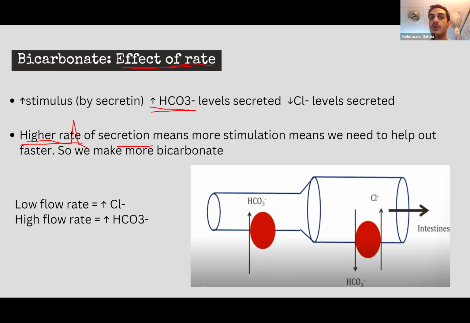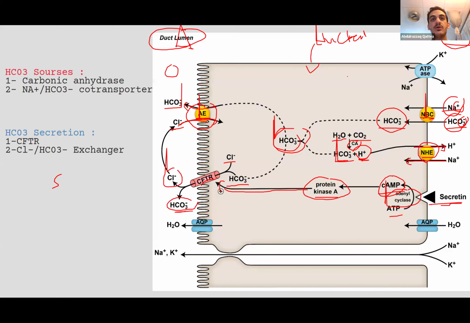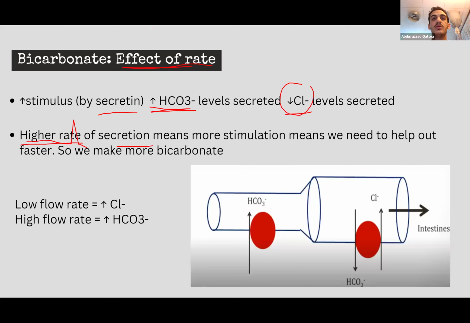So when you secrete more bicarbonate by secretin, you should expect that the chloride will go down. And why is that? Because remember, let's go back one slide, remember this channel, which is an anionic exchanger. It will secrete a bicarbonate and will get a chloride inside again. So the chloride will be low and the bicarbonate will be high. This is in case of a higher rate of secretion.